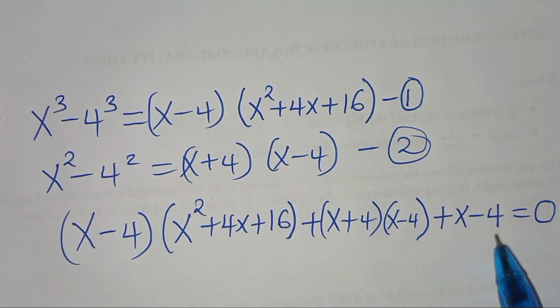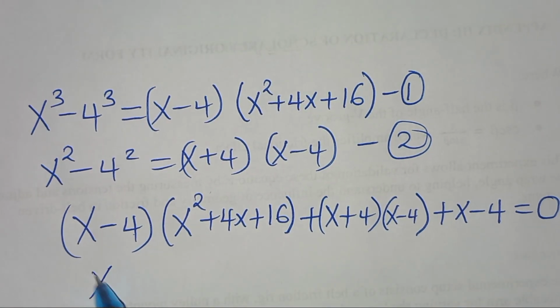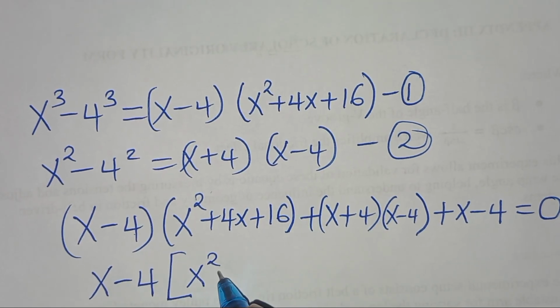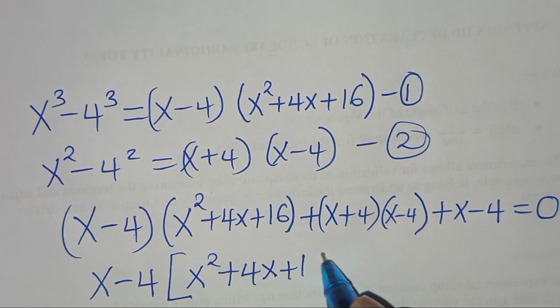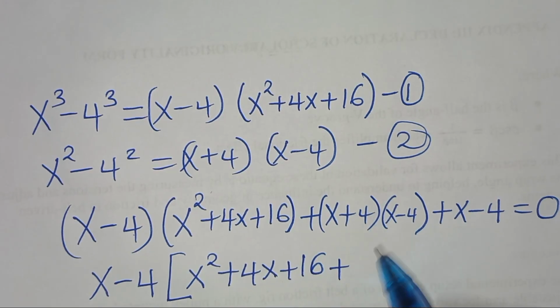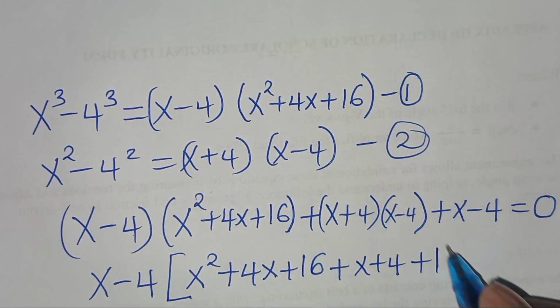So this implies that x minus 4 is common here. So let's factor out x minus 4. So x minus 4 is common, so we factor out. Here we have x to the power 2 plus 4x plus 16, then plus, here we have x plus 4, then plus 1.